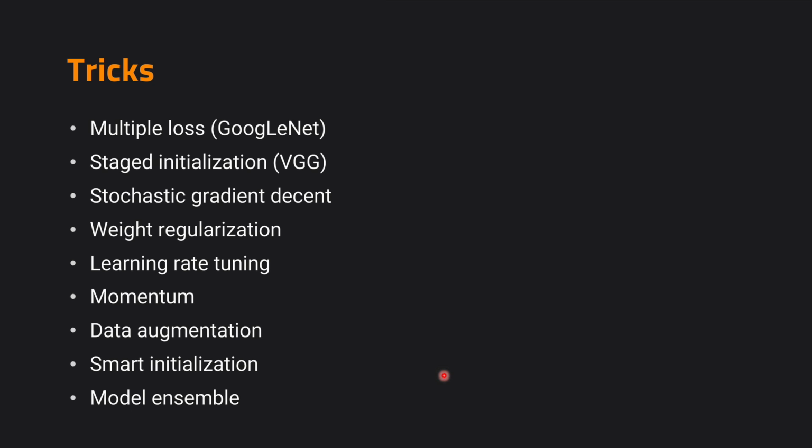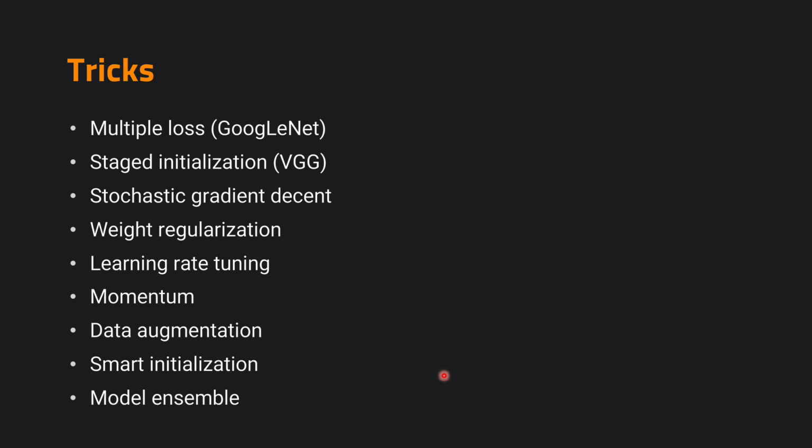Usually, those multiple losses can produce complementary gradients to guide the training, so that you can obtain some good weights for each layer. And people have also tried stage initialization, so that you can train the network layer by layer, or like VGG, divide the network into multiple stages, and then gradually increase the number of layers within each stage.